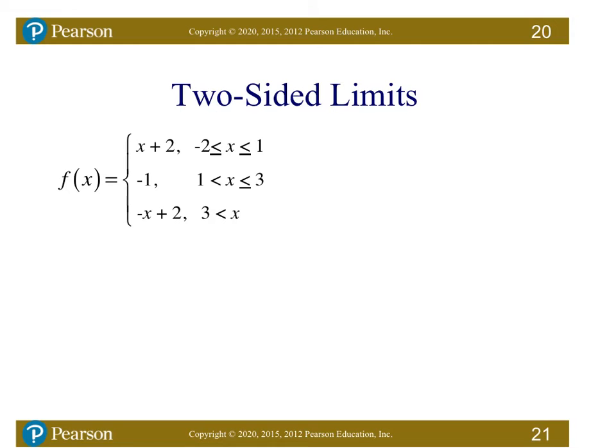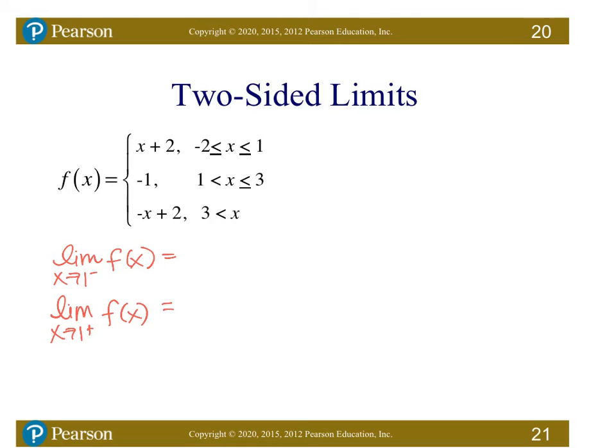So let's check the limit as x approaches 1 from the left of f(x), and the limit as x approaches 1 from the right of f(x), and see if these two-sided limits match each other.